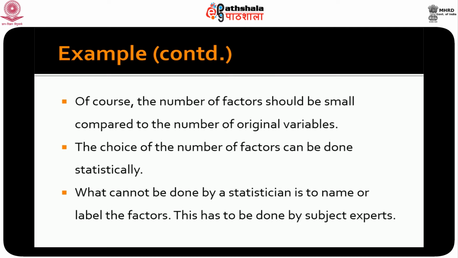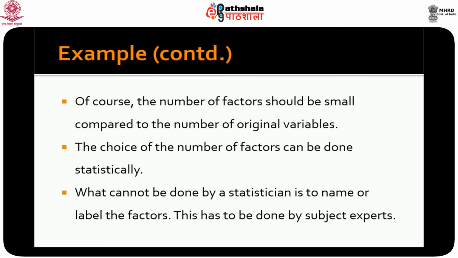We can tell you that there are 3 factors, but which factor is creativity, memorization capability or reasoning capability has to be done by the subject expert. We can identify these factors, but what the name of each factor would be and how you interpret the factors is better left to the subject experts.